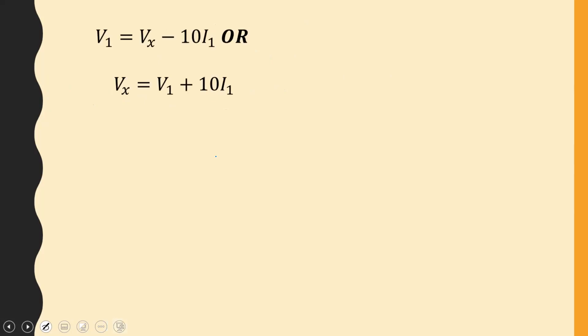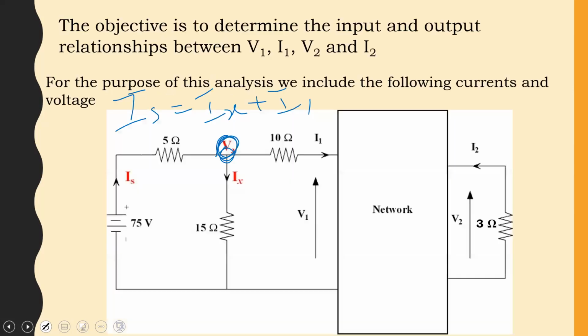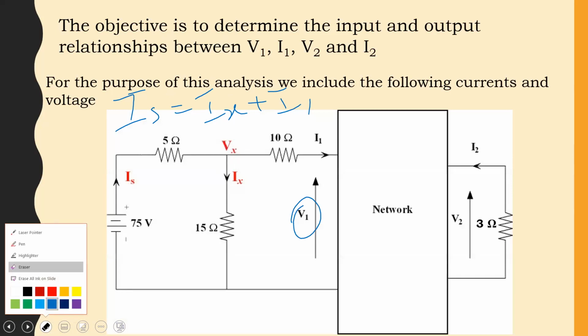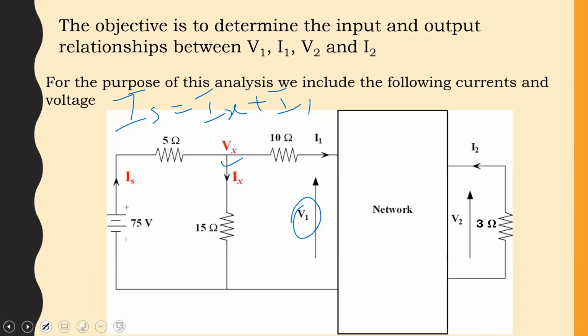So V1 is going to be equal to Vx minus 10 I1. All right? Why? Let's look at it. If we want the voltage here, so if I know the voltage at this point, then if I find the voltage drop across the 10 ohm, I would know the voltage V1.